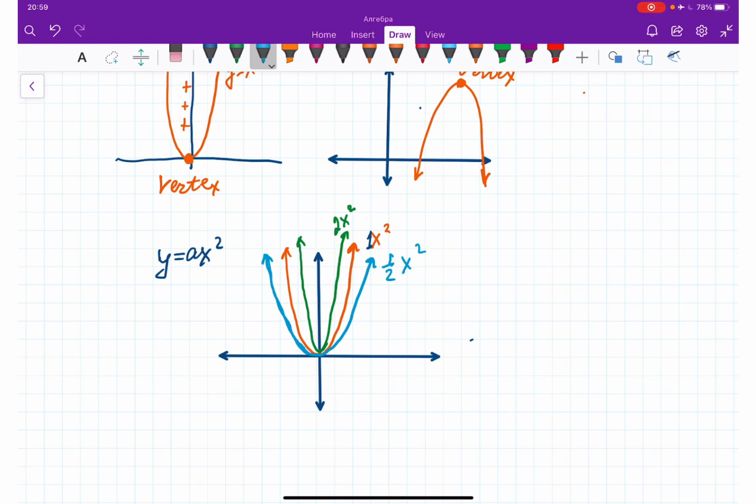Which means the smaller the coefficient, the more it's going to stretch. It's going to stretch until it gets so small that it becomes the horizontal line. It will take the position of the x-axis, which means y will be equal to 0 here.